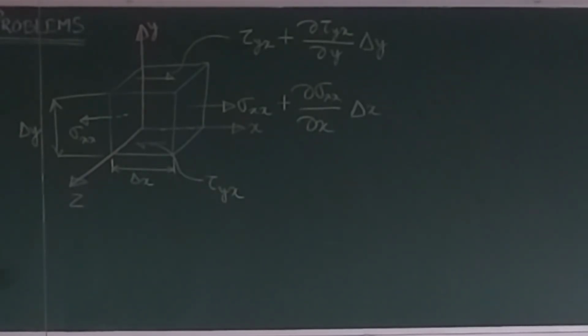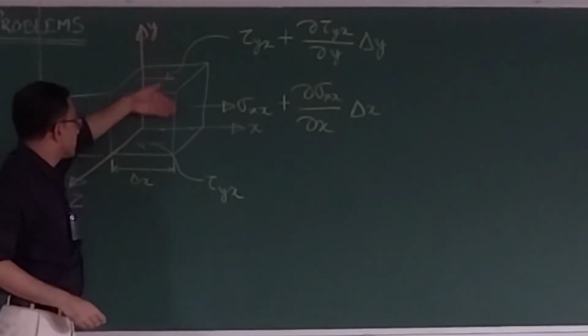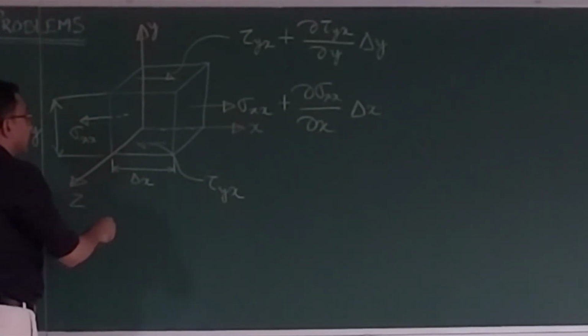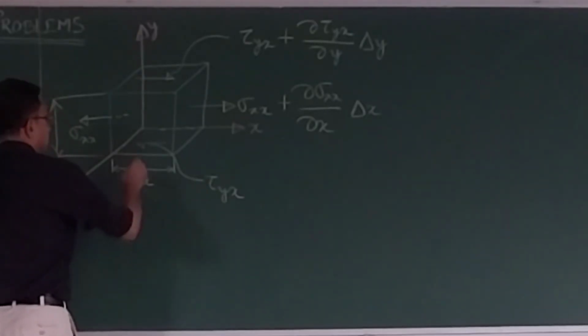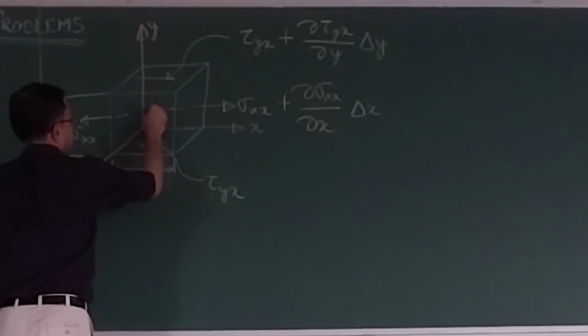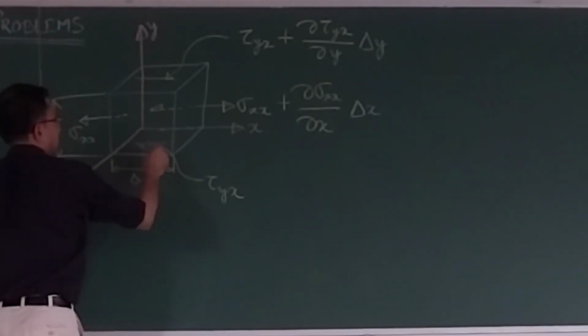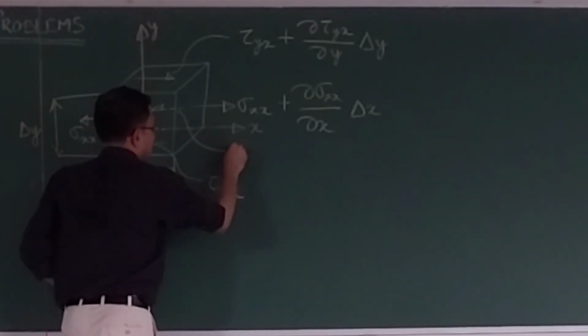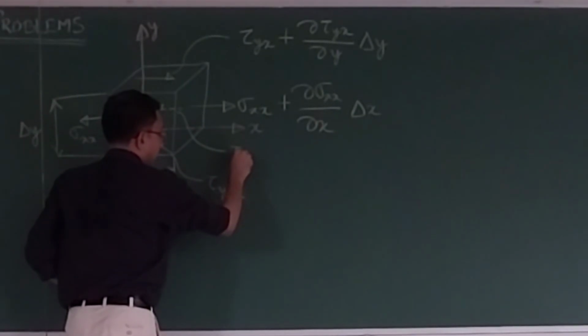Similarly, for the other plane, this flat plane, I mean in the front and the back. So at the back we are going to have this thing. So you see already it's a horrible mess. So this is tau zx.